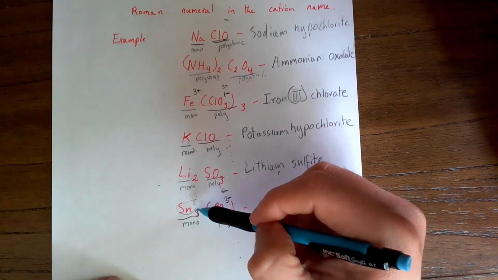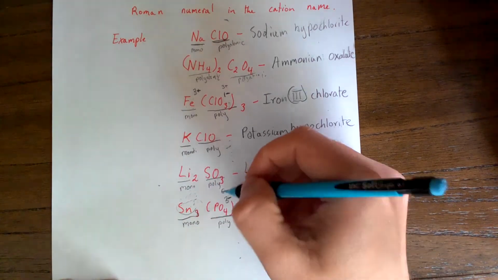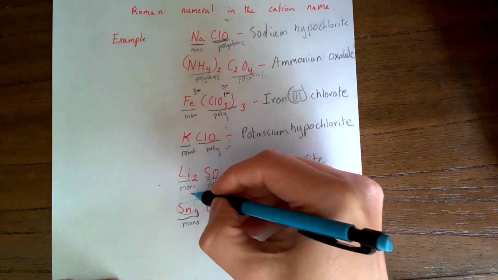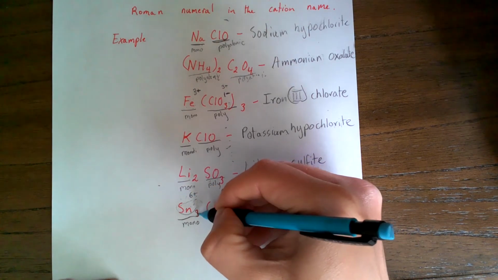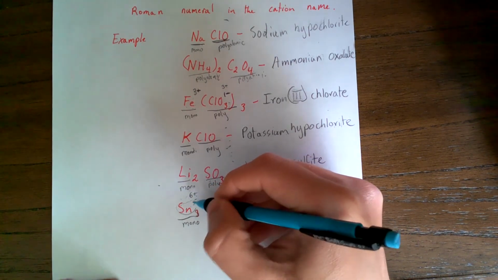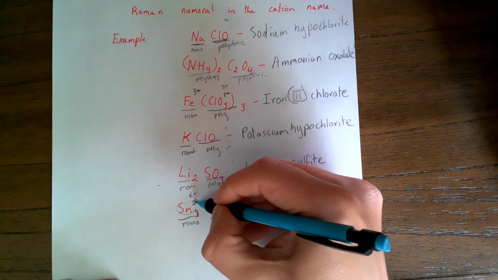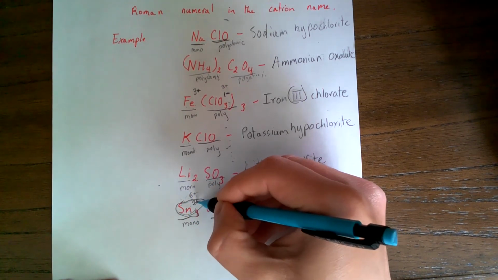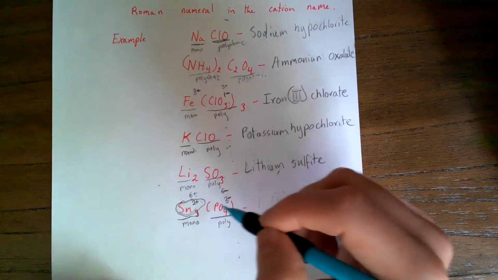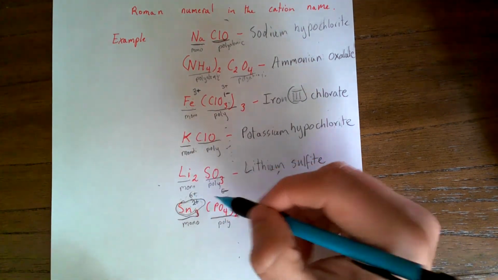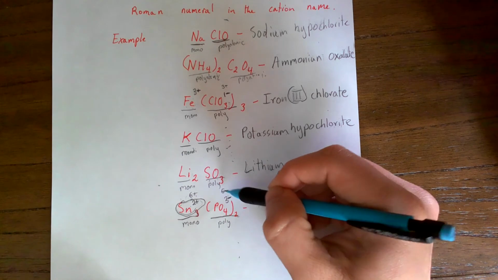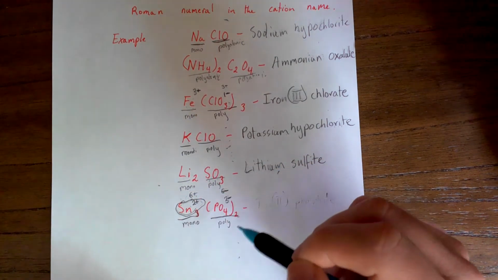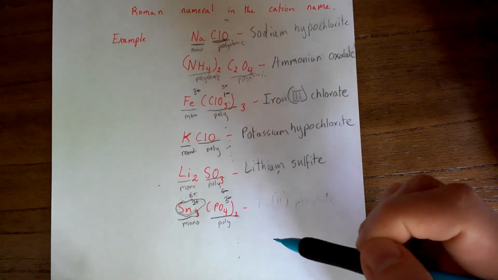So 3 times what will give us, if this is 6 negative, we know the cation overall charge has to be 6 positive? 3 times what will give us 6 positive? The answer is 2 positive. So this tin has to be tin Roman numeral 2 because it's a 2 positive charge. 3 times +2 is 6 positive. 2 times 3 negative is 6 negative. So that's going to be neutralized right here. So it's going to be a neutral ionic compound.